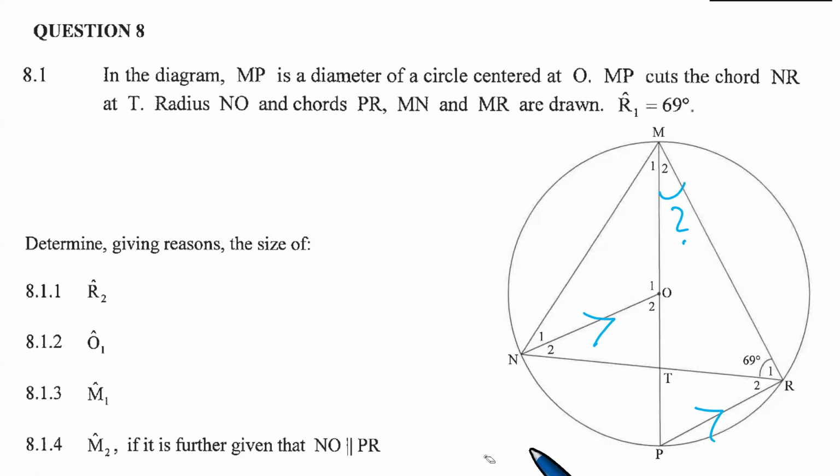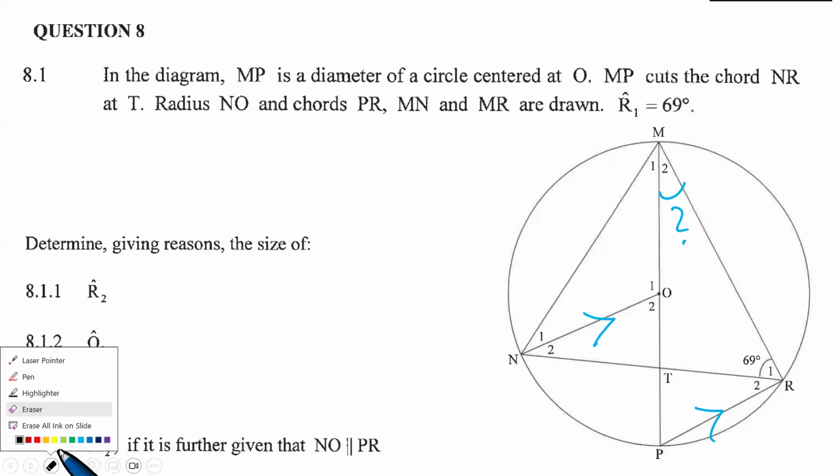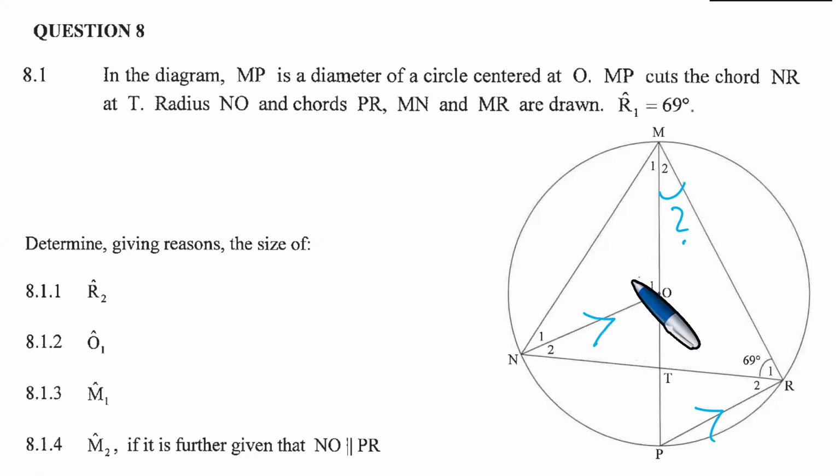There are some angles that you already know, like the angle O1 here is 138 degrees, and 21 degrees, 21 degrees. But we want to find the size of the angle M2, this one.